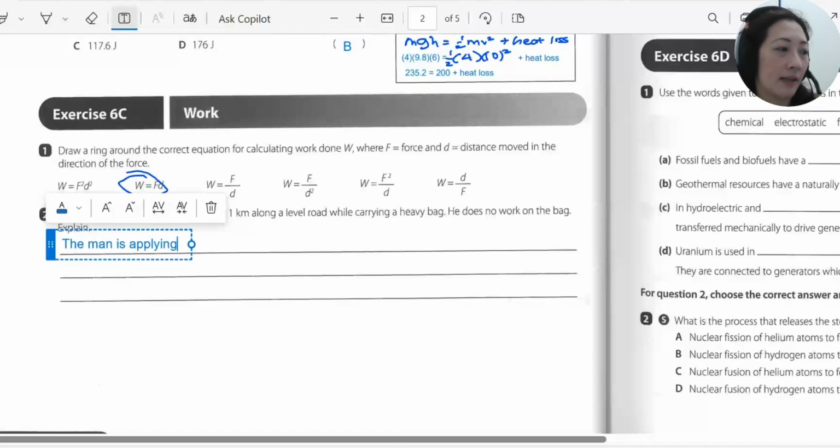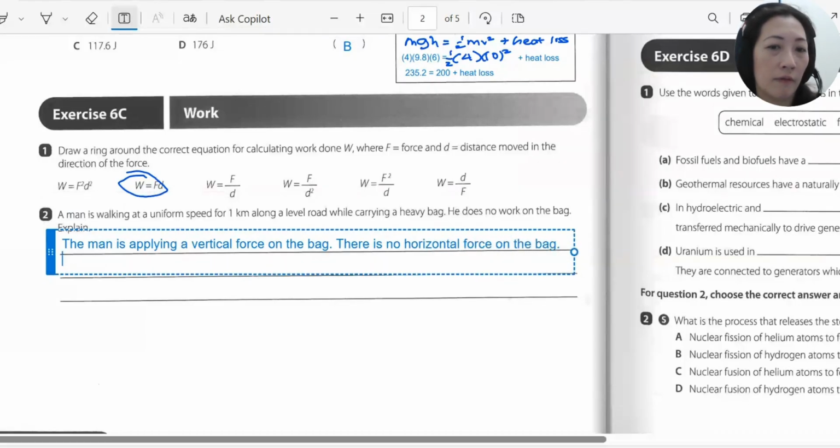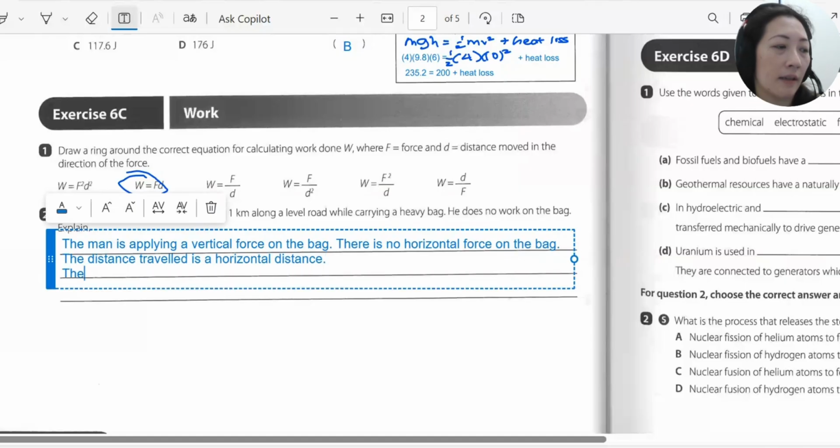the man is applying a vertical force on the bag. There is no horizontal force on the bag. The distance traveled is a horizontal distance. There is no work done because there is no vertical distance traveled.